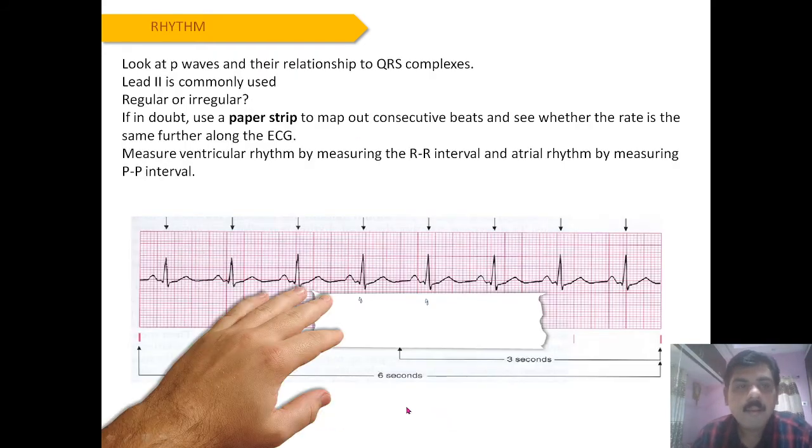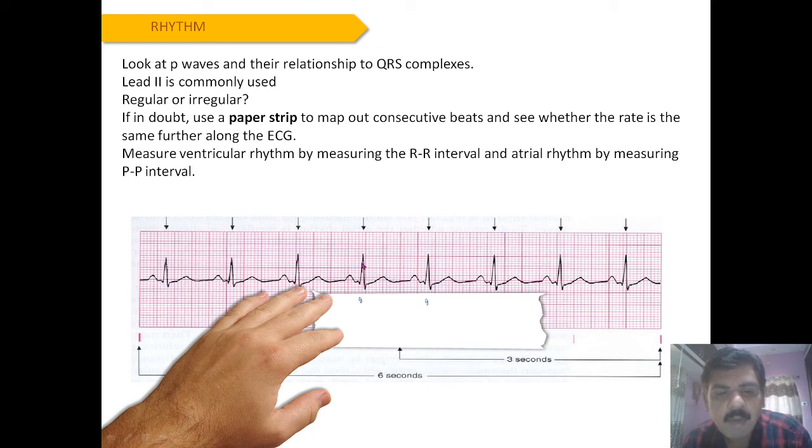Then the rhythm: the P waves and their relationship to the QRS complex. The ECG is a rhythmic movement. All the events will be repeated after 0.8 seconds. Measure the ventricular rhythm by measuring the RR interval and the atrial rhythm by measuring the PP interval.